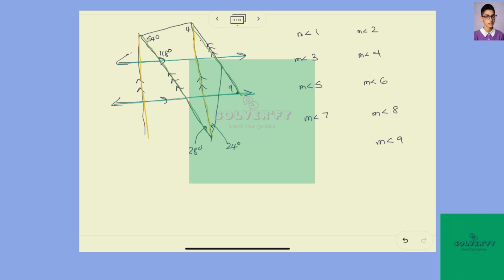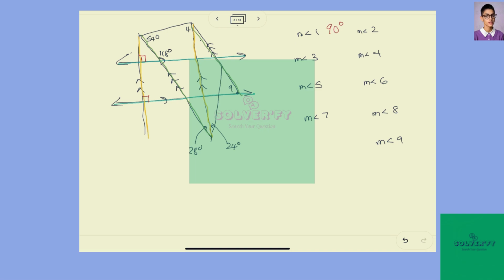The first angle we want to find is angle 1, and that's right here. The first thing I notice is I have this right angle drawn in, and since these blue lines are parallel, that means angle 1 is also going to be 90 degrees because they are corresponding angles.